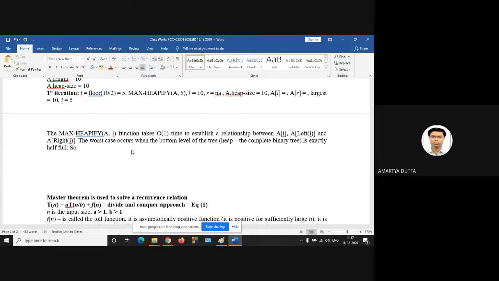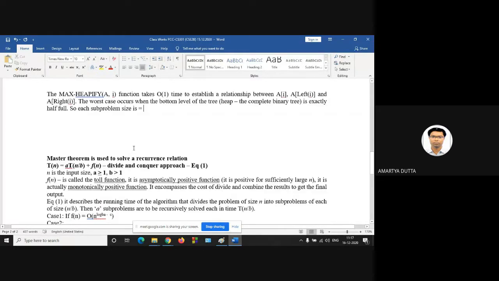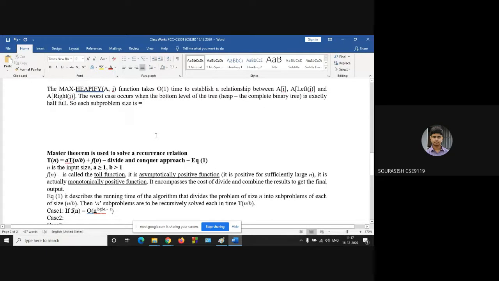So each subproblem size is 3 by 2. So each subproblem size is n by b, n divided by b.